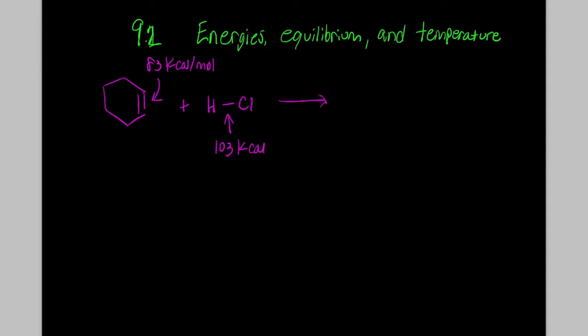The pi bond breaks and you form a carbon-hydrogen bond. That value is 101. And this carbon-chlorine bond is being formed, and that value is 84 kilocalories per mole.